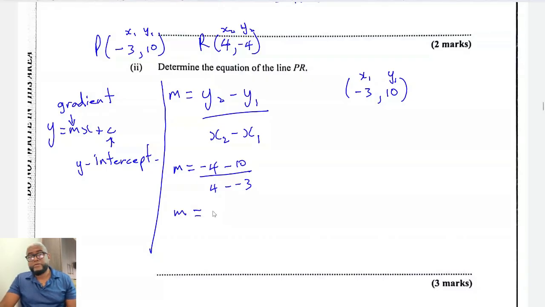Negative 14 over 7, negative 2. Everybody good there? How many people got negative 2? Raise your hand if you got negative 2. 1, 2, 3, 4, 5, 6, 7. Online, raise your hand. Emmanuel, Terry, Singh, Makeda, Liam, Matra, Shania, Miriam, Tristan.